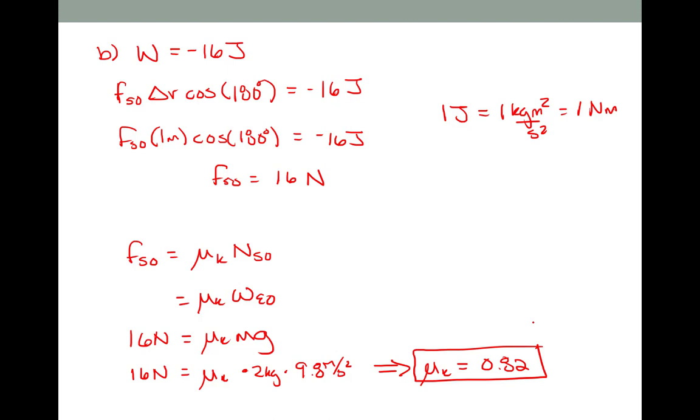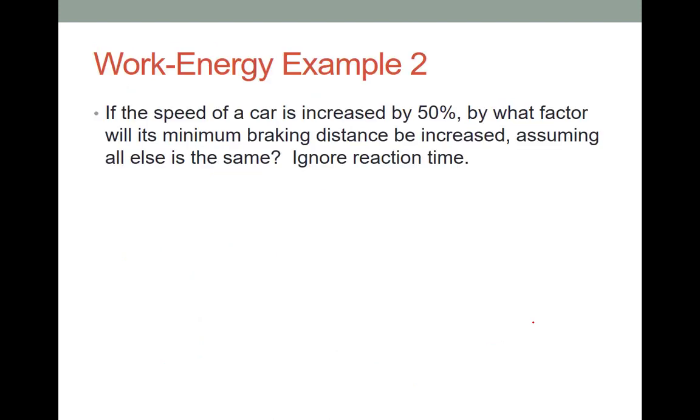For the next example, we have a car that is increasing in speed. And we are told that the speed increases by a total of 50%. And we want to know, assuming nothing else changes other than the fact that the car is moving faster, by how much will the minimum braking distance change?